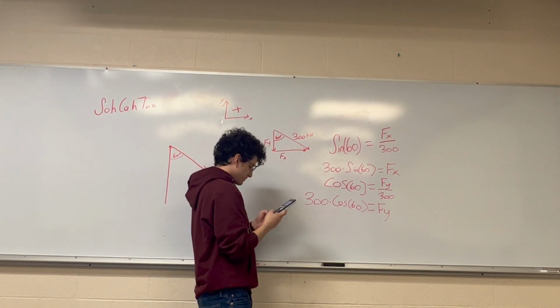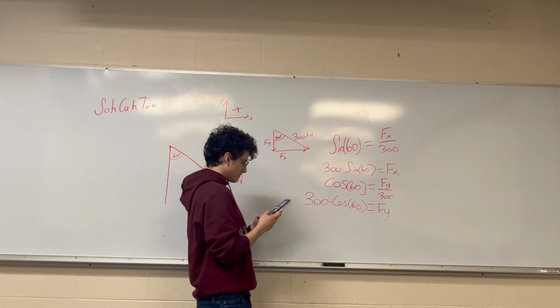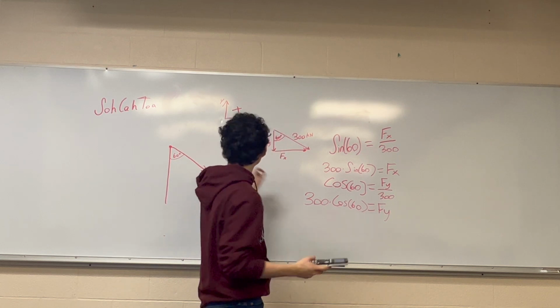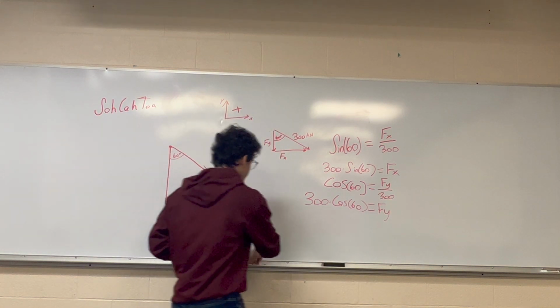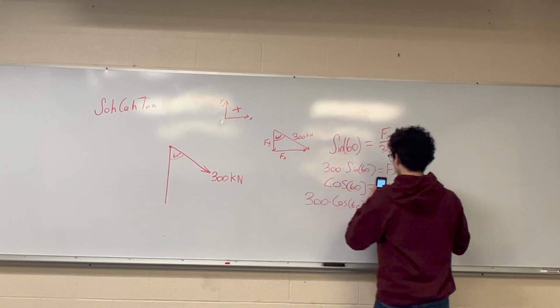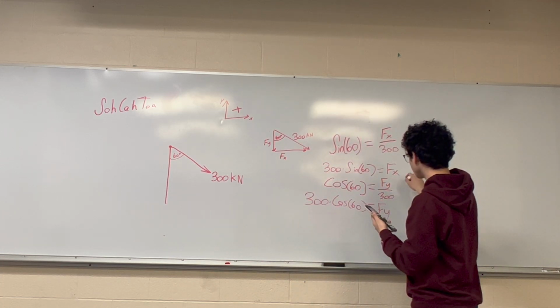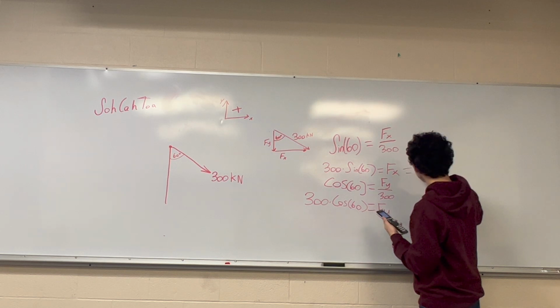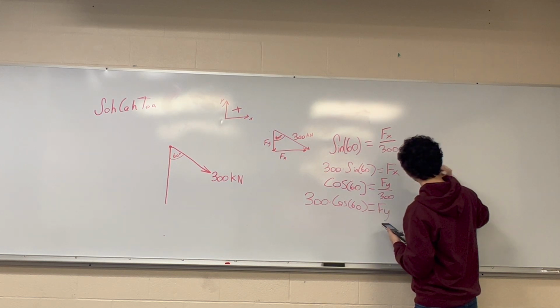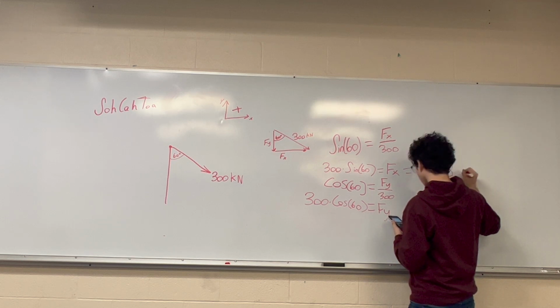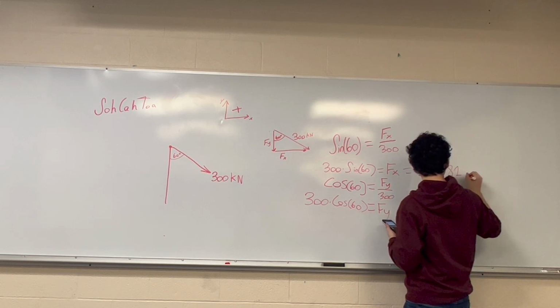300 times sine 60, of course in degree mode, because we're not using radians, we're using degrees, means that we have an x component equal to 259.81 kilonewtons.